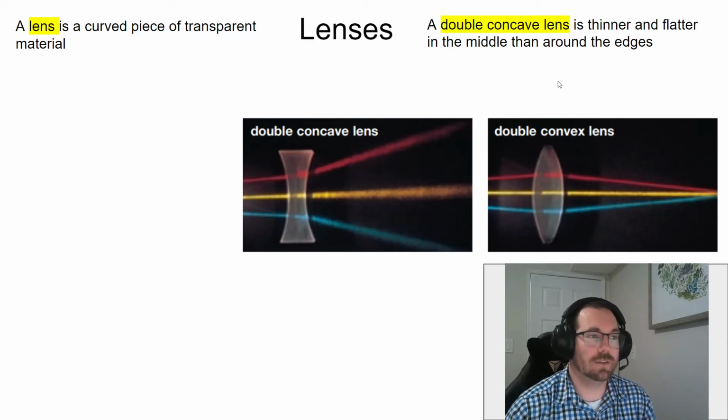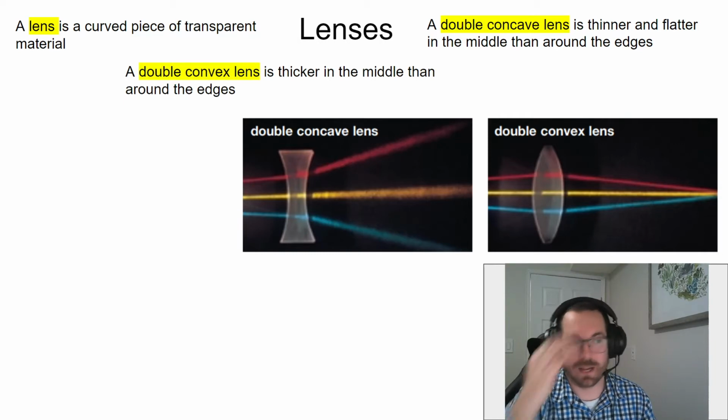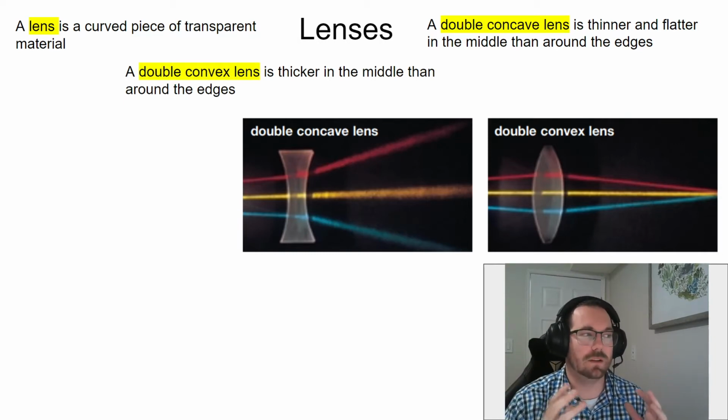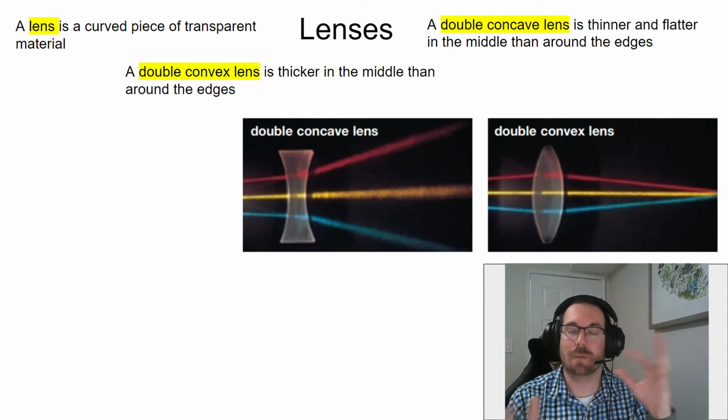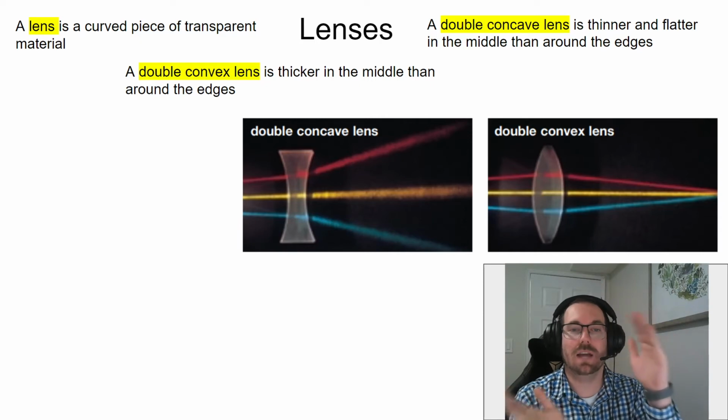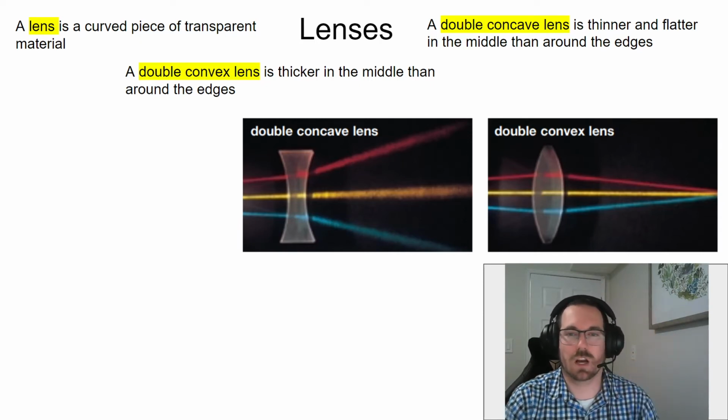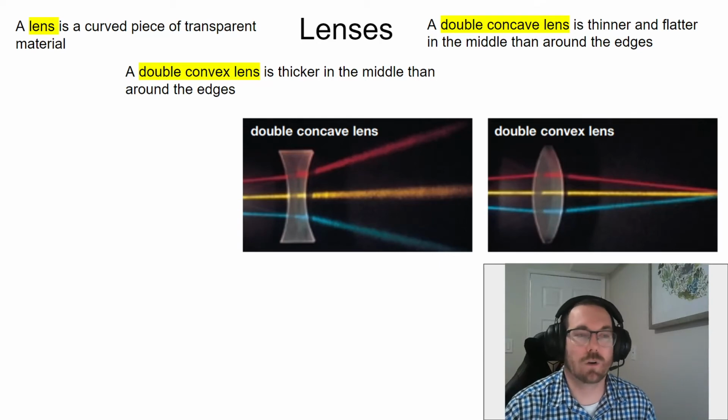A double convex lens, on the other hand, is one that is thicker in the middle than around the edges. This causes the refracted light rays to do the opposite. Instead of diverging, they come together, or what we call converging, onto a particular point. We're going to call that the focal point a little bit later on.